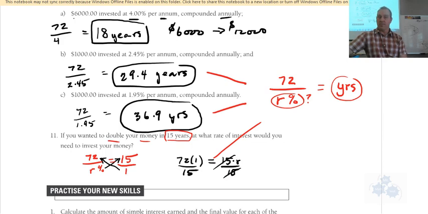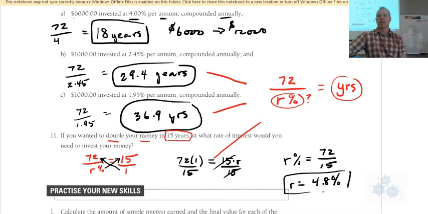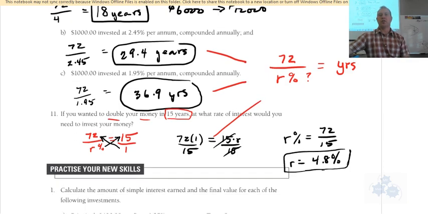So now R, the percent, is 72 divided by 15. So what is that? 4.8%. Everybody get that? Okay, all right. So this is a very important formula, and you can use it to find R. You can use it to find years. Really straightforward. So that is the end of 6.2 for the lesson.